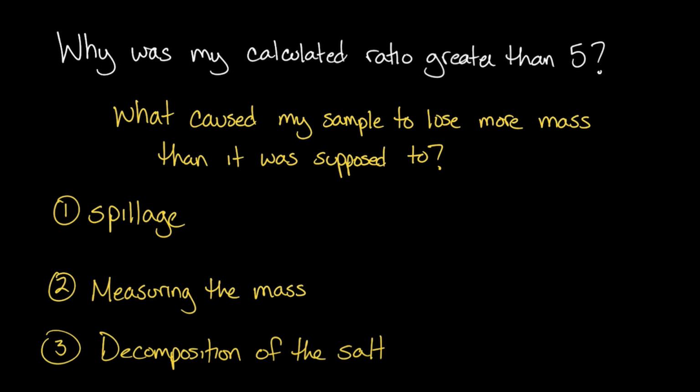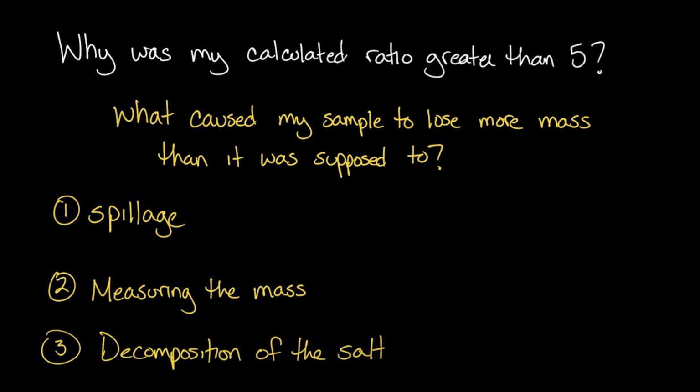And then the other thing that comes to mind is maybe the salt itself decomposed. So not only did we boil the water away, but maybe something like a carbonate decomposed into carbon dioxide. That caused it to lose a little bit more mass. And then again, the big assumption that we make here is that any mass lost is water.